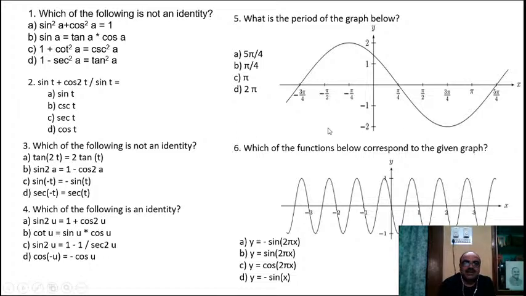Now fifth and sixth are connected to the graphs, friends. As I was talking to you about where all what is positive, what is negative, we can go with this and answer it. What is the period of the graph below? We have started with minus 3 pi by 4, went to pi by 2, again it has come to pi by 4, 5 pi by 4. So 5 pi by 4, pi by 4 and 3 pi by 4. So if you take this, what is it going to give us?